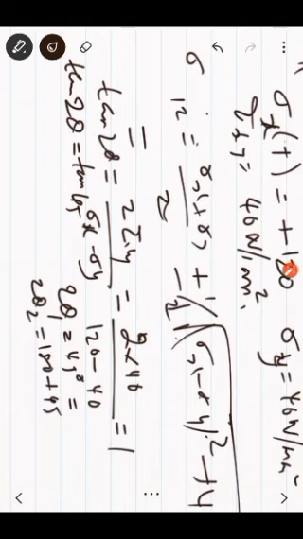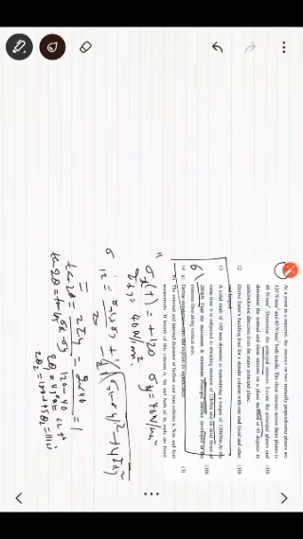So you will have 22.5 as theta 1, and 225 by 2, that is 112.5, as theta 2. This is the angle theta 1 and theta 2. So this one we have determined.